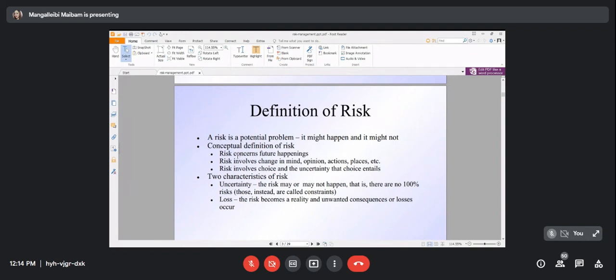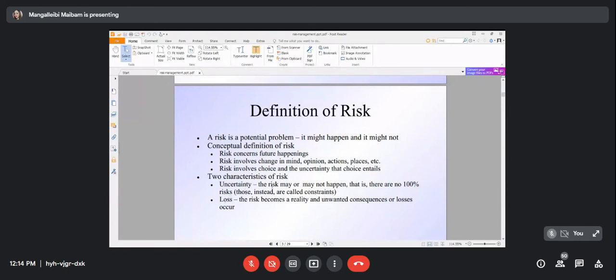We have some definition of risk here. Risk concerns future happenings. It involves change in mind, opinion, actions, places, etc. And also it involves choice and the uncertainty that choice entails. We have two categories here: one is uncertainty, one is loss.